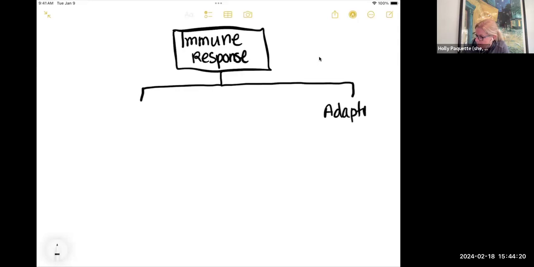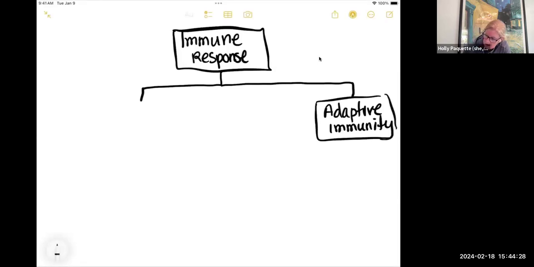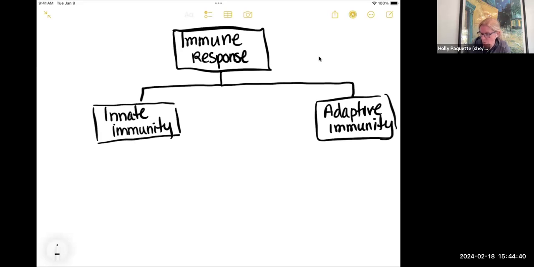We have our adaptive immunity that we will look at in the next lecture, so I'll put that over here. And the one we're going to be looking at today is what we call the innate immunity. You want to think about this as something that you are born with. You are born with your innate immunity, and it's ready to go from day 1.